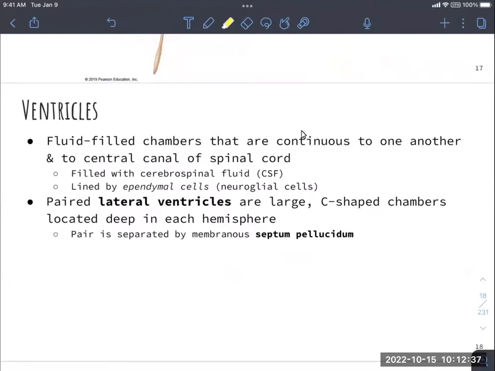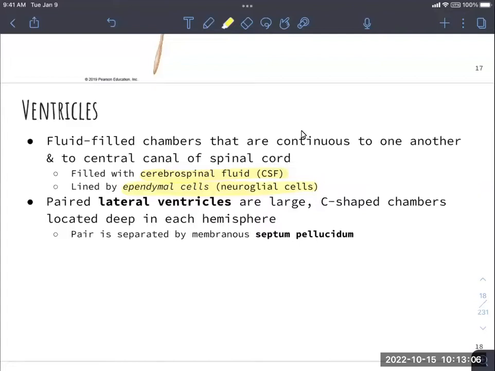Those ventricles, as I said, they're filled with fluid. It's called that cerebral spinal fluid. All of the ventricles are lined, remember those ependymal cells or neuroglial cells? It's the same cell, just two different names. They have those little finger-like projections on them that help kind of move things along.